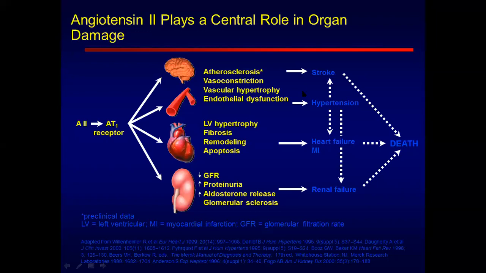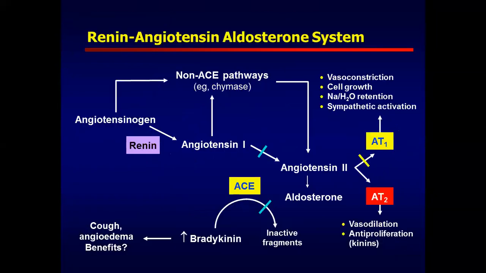All that will lead to organ failure, stroke, hypertension, heart failure, myocardial infarction, and renal failure, and that will lead naturally to death. So all the efforts are made to interrupt the reaction that results in angiotensin 2 production.